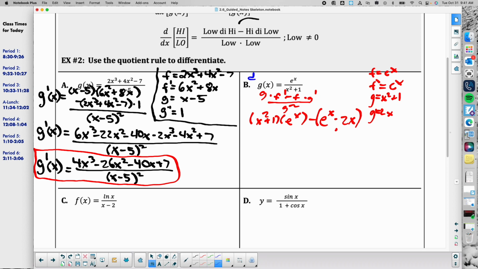So if you wrote d dx up here, that'd be good, because you're saying, I'm going to take the derivative of that. Once you take the derivative, because the quotient rule is the derivative, then you would label it the derivative. So the prime notation means that is the derivative. d dx is the notation saying I'm going to. That's what I'm currently doing.